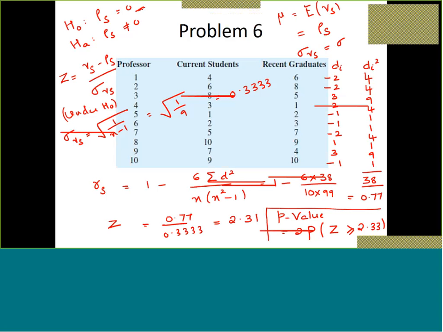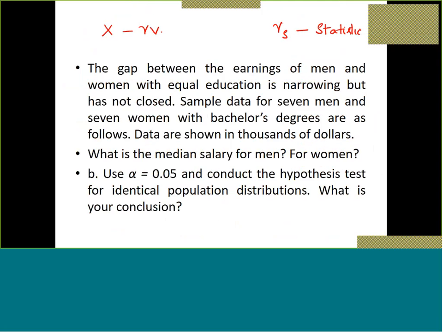HA is not equal to 0, which means there is a correlation between ranks in the population. Good. Shall I move further?